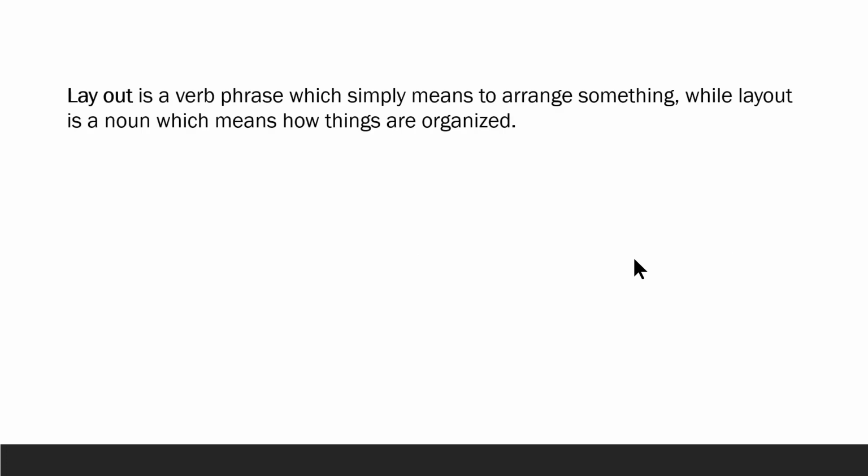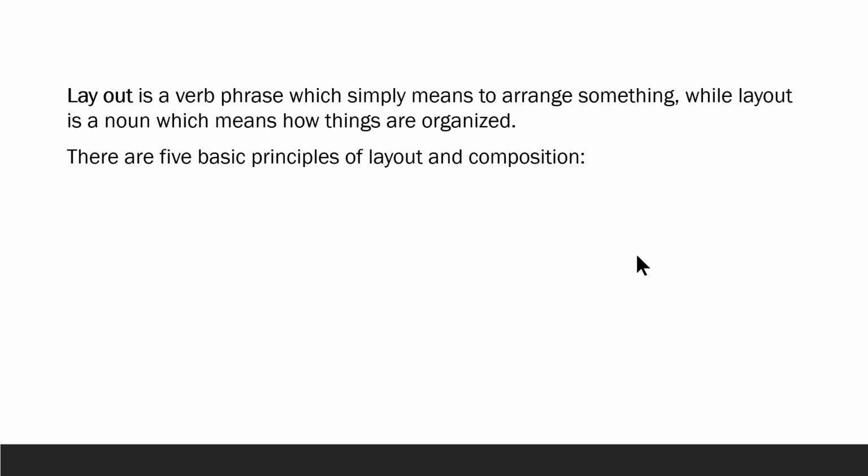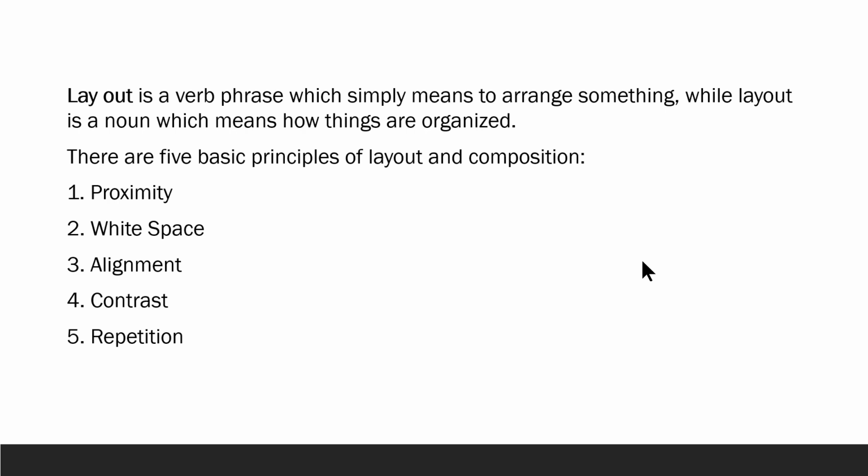So, layout and composition, another one, baba. Okay. So, you see layout, this is more on arrangement, okay? So, it's arranging, and then if it's gonna be a noun, it's how things are gonna be organized. There are actually 5 principles of layout and composition. Unang-una, proximity, white space, alignment, contrast, and then repetition.